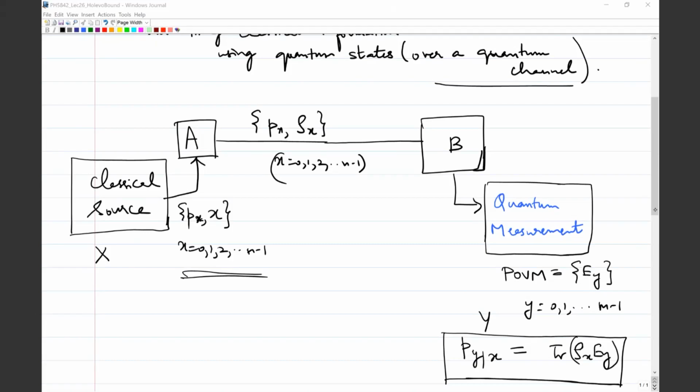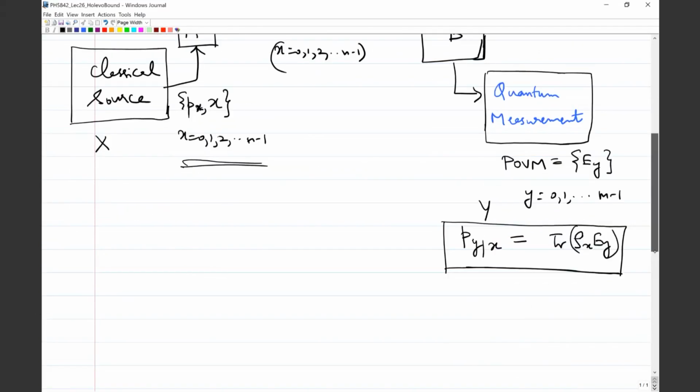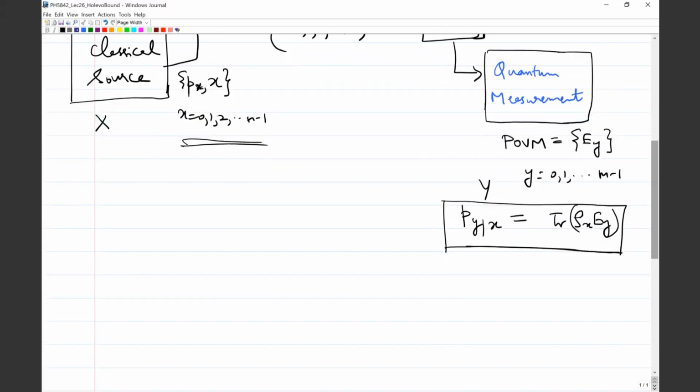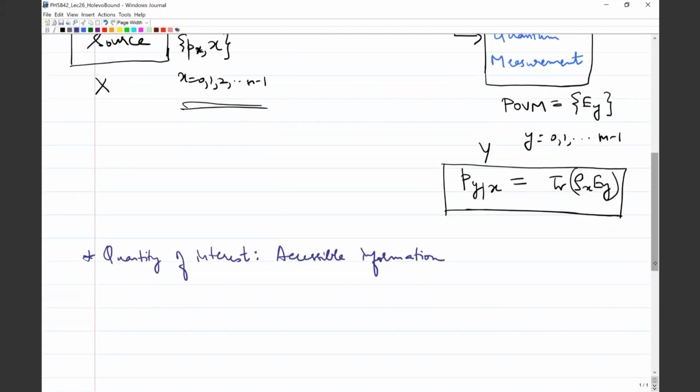So now the way they're going to do this is by using a mutual information, a classical mutual information. So the quantity of interest here is what is called accessible information. So the accessible information is essentially associated with a particular ensemble.